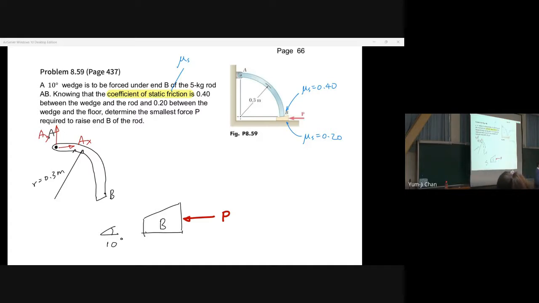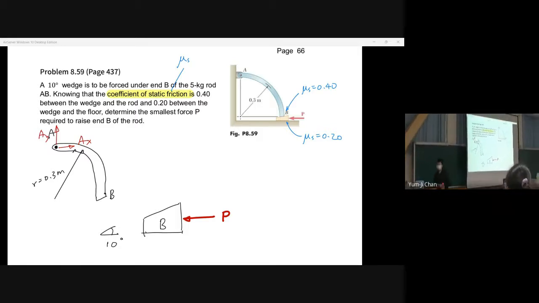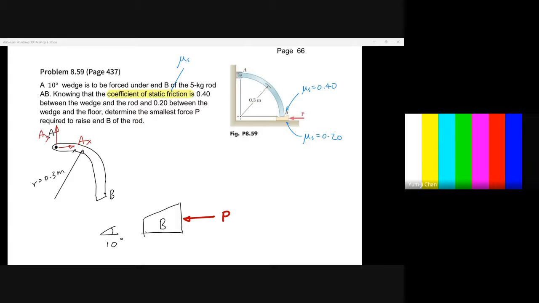Next, the rod AB has a mass of 5 kilograms, right? So where should we draw this 5 kilograms, or say 49 newtons?